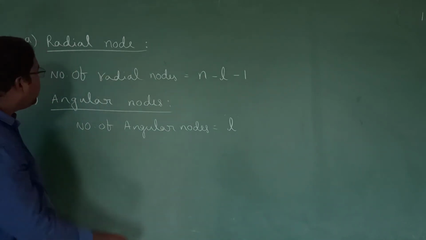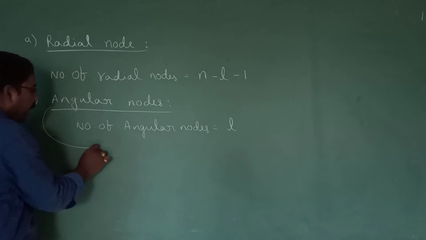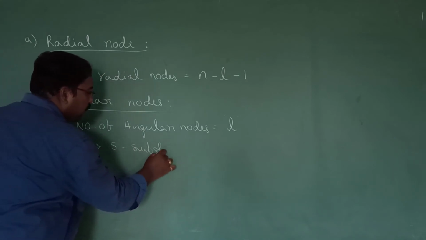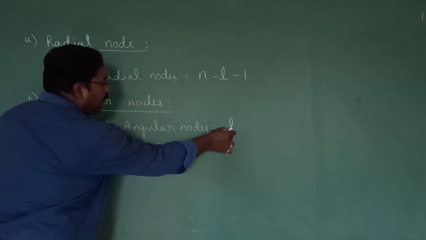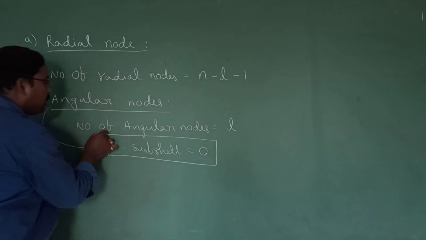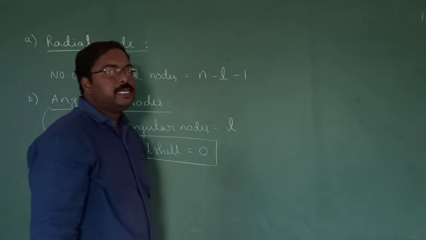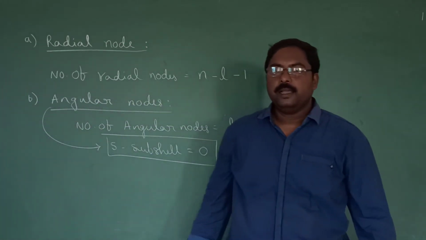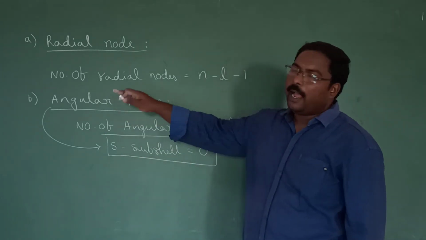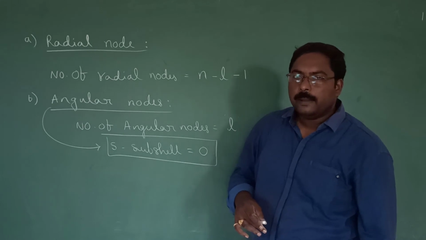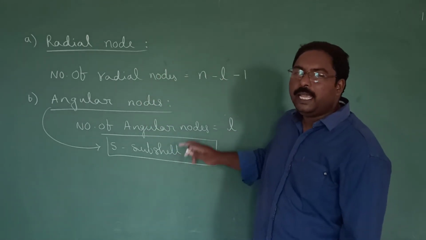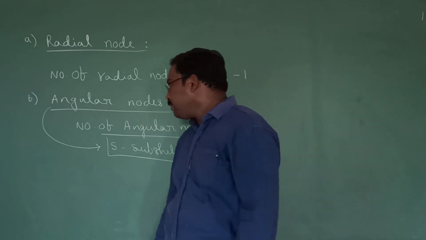So if they ask you to find the number of angular nodes for s subshell, for s subshell how many? l is 0. So the number of angular nodes for an s subshell is 0. Due to its spherical shape, it doesn't have any angular nodes, because in all the planes it will be present. So we don't have any angular nodes.